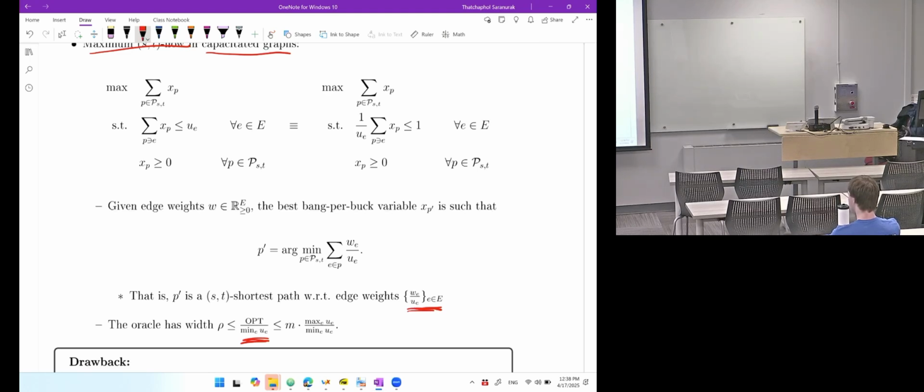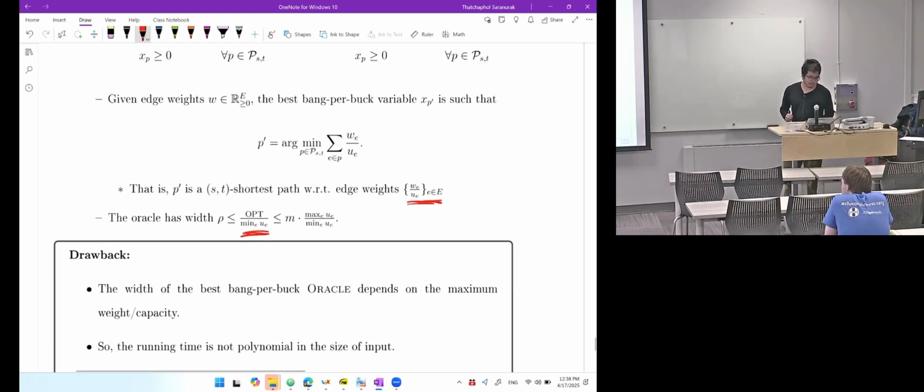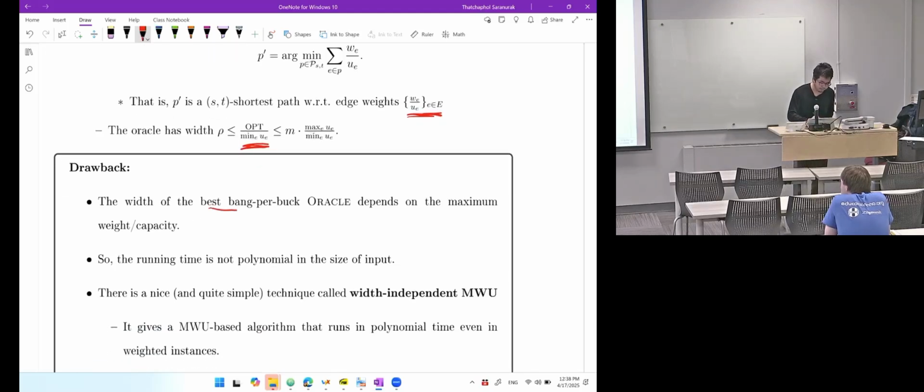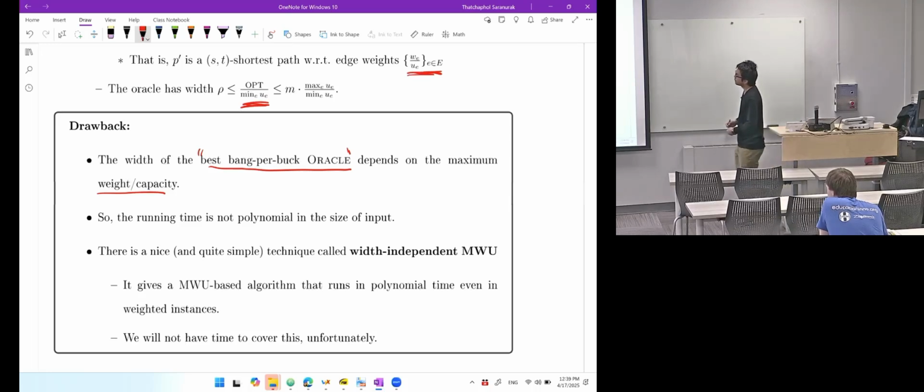So you get m times something. In the unit capacity case, this is just m, but in the capacitated case, this is not really m, not polynomial time. But if the capacity is not too big, then it's still good. So this is the drawback, the width of the best bang per buck algorithm depends on the maximum weight and capacity, so the running time is not polynomial.